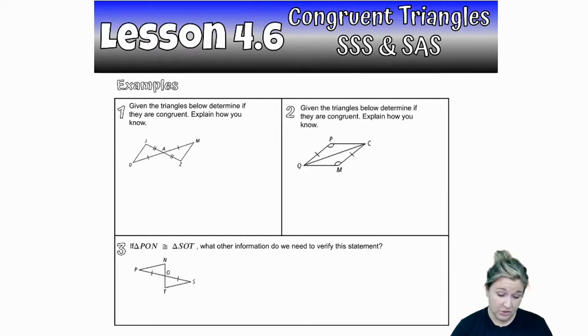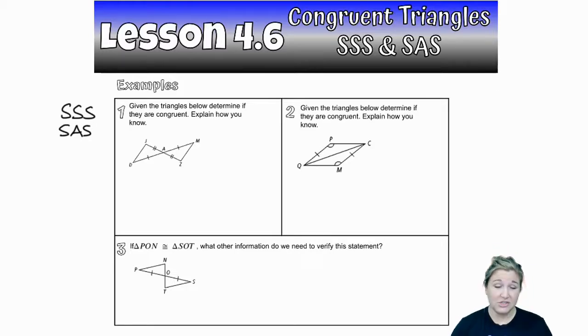So let's look at examples here. Given the triangles below, determine if they're congruent and explain how you know. Remember that right now I only know two congruence postulates: side-side-side, meaning all three sides are congruent, or side-angle-side.